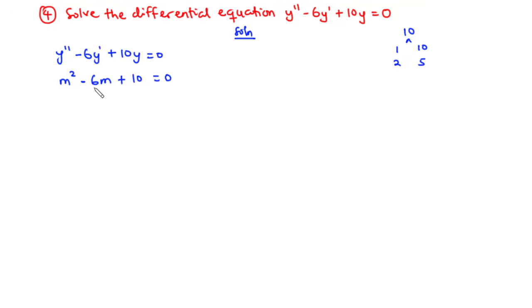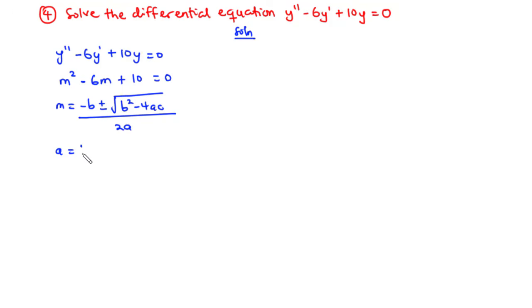So straight away let's use the quadratic formula, which is given by m equals negative b plus or minus the square root of b squared minus 4ac, all divided by 2a. Now we have a to be 1, the coefficient of m squared, b to be negative 6, and c to be 10. So let's plug in the values of a, b, c.